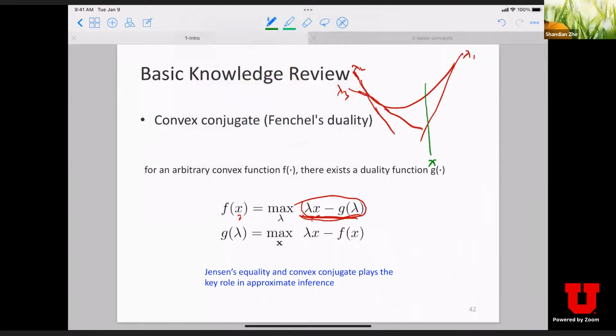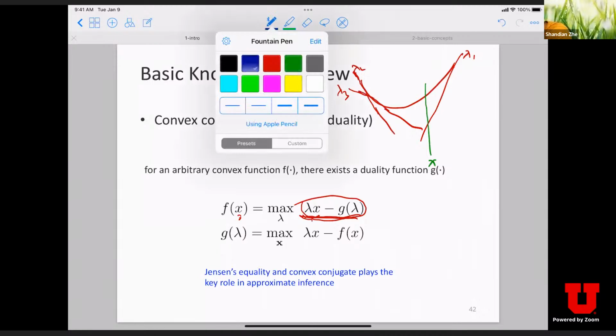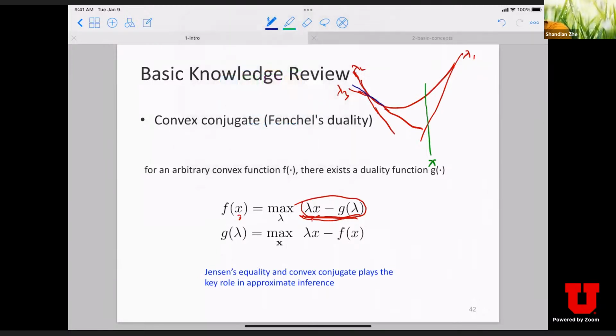If you evaluate all kinds of tangent lines at the same position x, what can you observe?